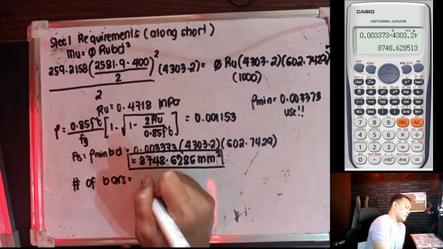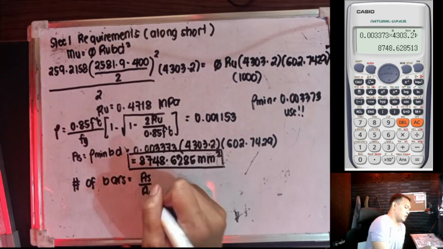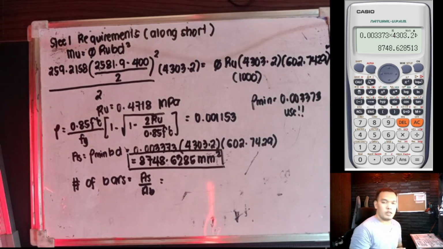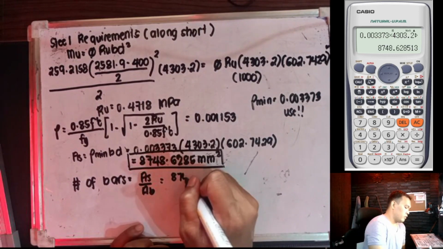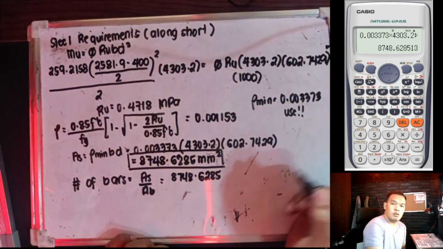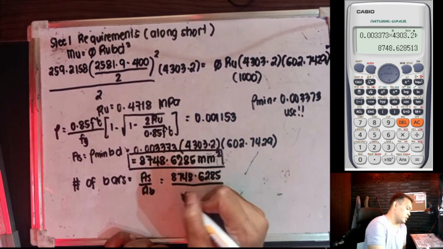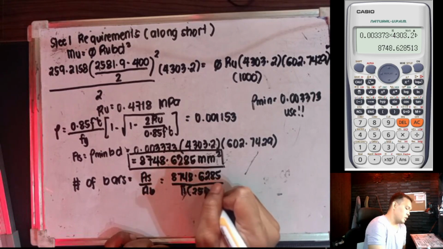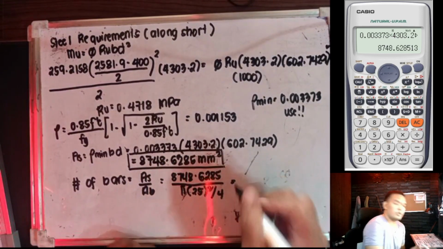Okay? Then after natin makuha yung AS, so we have here number of bars is equivalent kay AS all over area of bar. So we have here 8748.6285 all over area bar, which is pi times 25 squared all over 4. Okay?